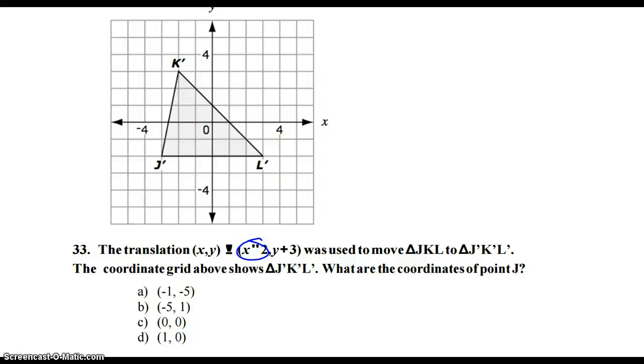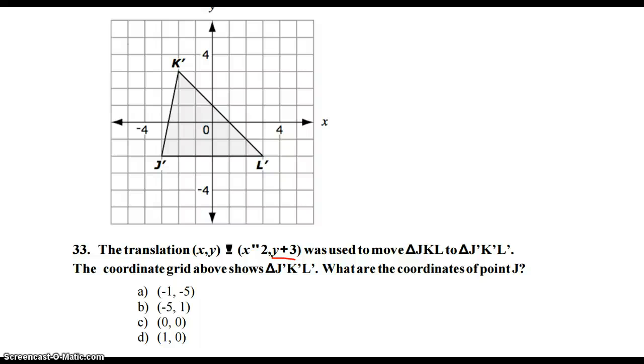I don't know if that's a typo or not, but we can use process of elimination here to figure this out. So if this is the post image of the triangle after the translation, that means all my y coordinates were moved up 3. So if I wanted to find the original position of these, at least in the y direction or vertical direction, I would subtract 3 or go down 3.